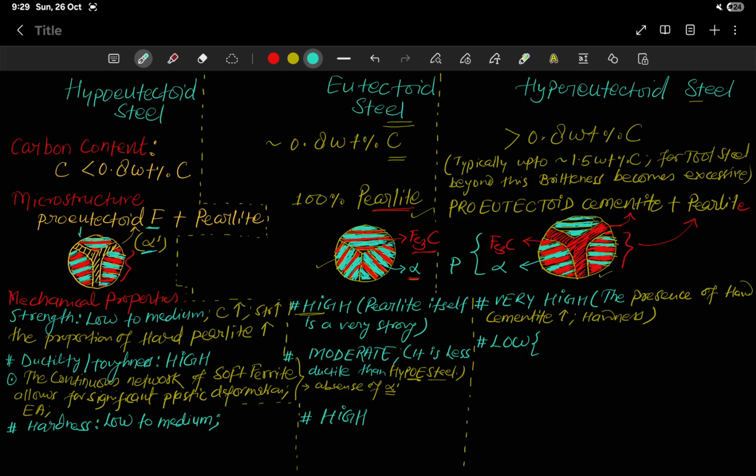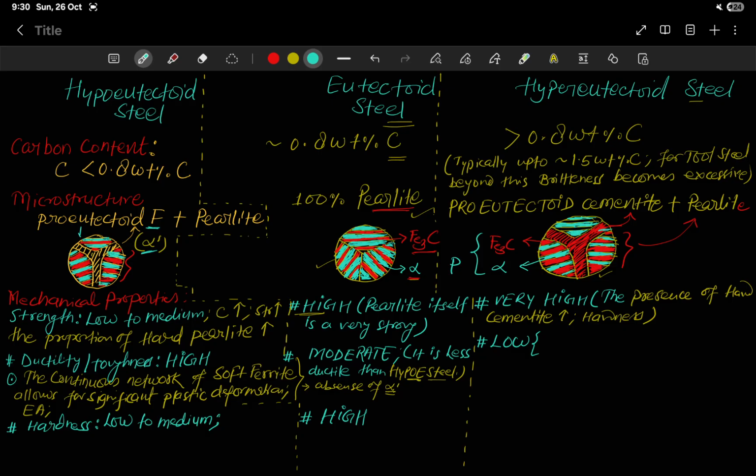You can see the continuous brittle network of this pro-eutectoid cementite. This network is very brittle in nature, and if during tensile or compression loading any crack generates, then this crack will propagate along this network, and the material will fracture very early.